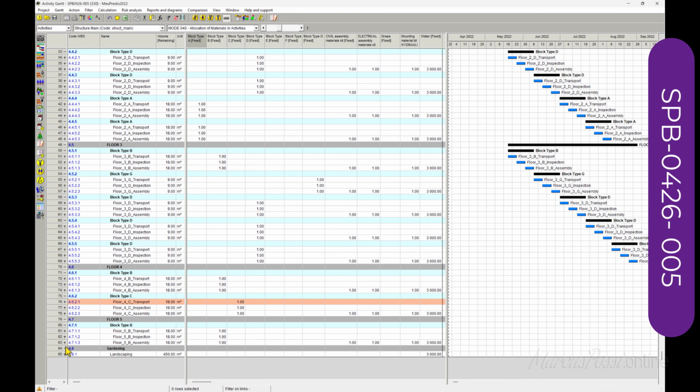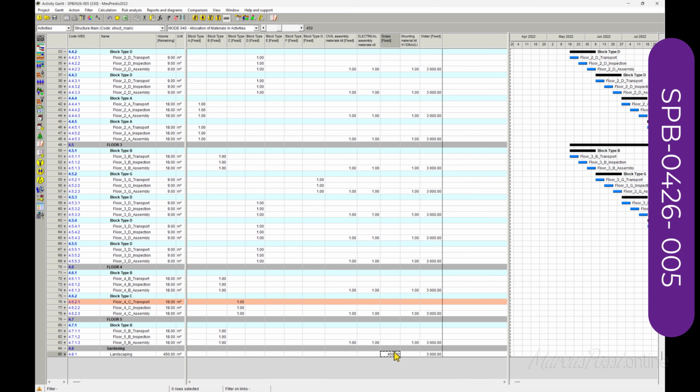Removing filter, where is grass here? 450 square meters. Because of the filter, you could not see landscaping, so you could not fill landscaping, grass assignment here.